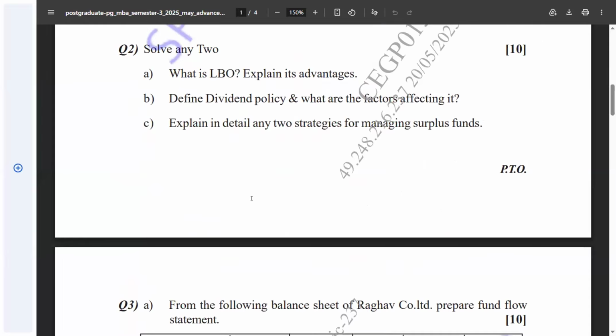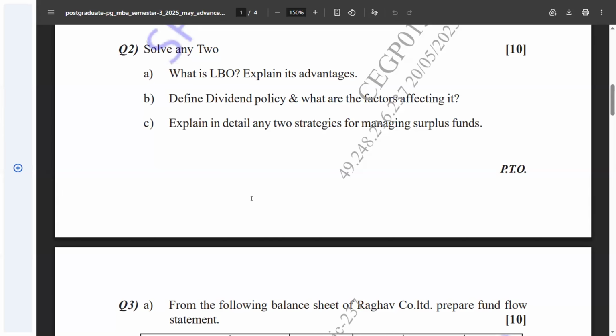Then when we progress further, in question 2, for your pattern, they will again ask to solve any 2. Here, this paper is for 10 marks, but for your syllabus, it will be 12 marks. And most of the time, they will ask questions from unit 2 or 3.